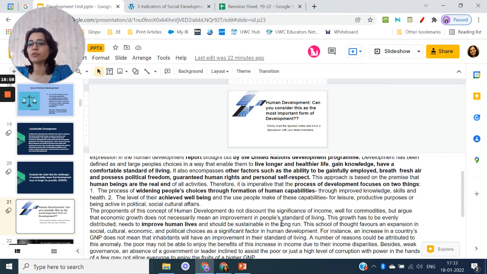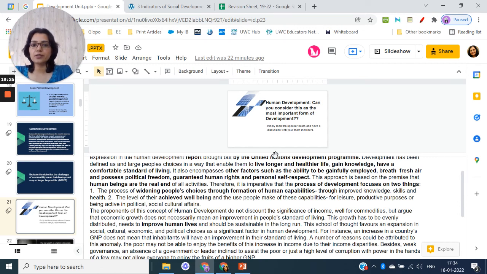Do you consider human development as the most significant form of development amongst all you have studied? If you see skilled labor or human capital as the most important part of any country, do you think that development would be more aligned to the need of the people or to the need of the country? What do you think about human development?